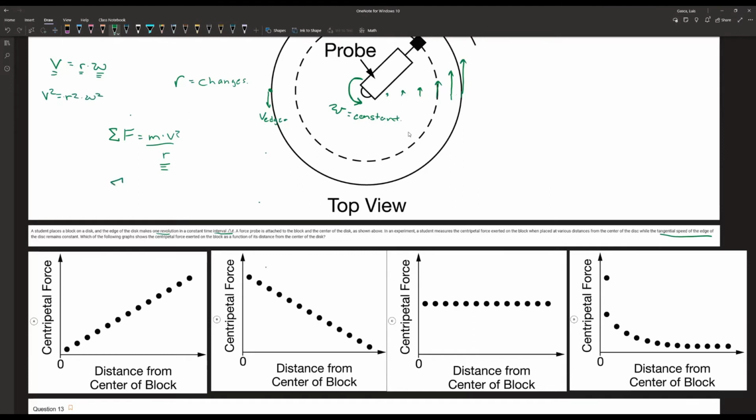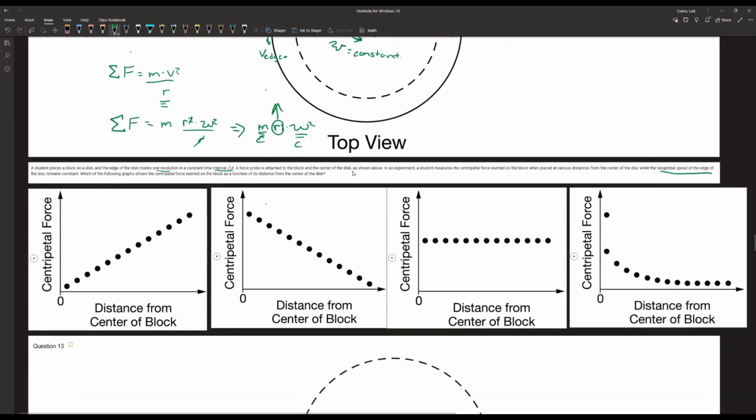And what we find out is that the centripetal force here is going to be given by m R squared omega squared over R, which is m R omega squared. And this is constant, and this is constant. So it's going to be linearly increasing. So what we find out is that the centripetal force here is going to be answer choice A.